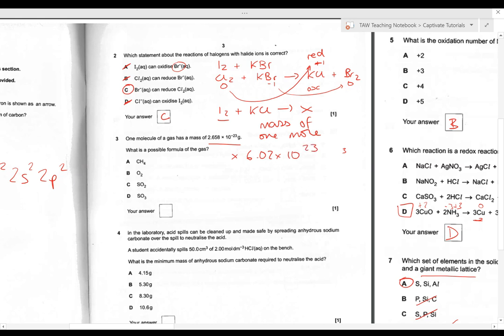So if we do that, we get an answer that is pretty close to 16. So now we need to think about which one of these gases has an MR of 16. The correct answer is methane, CH4, has an MR of 16.